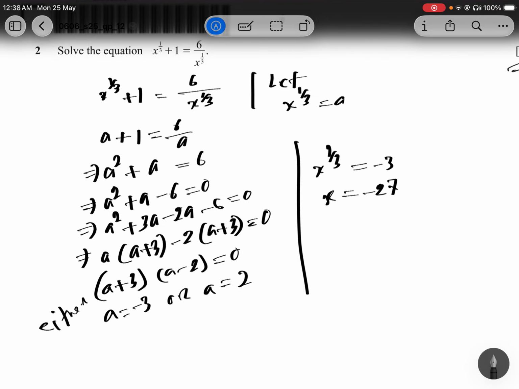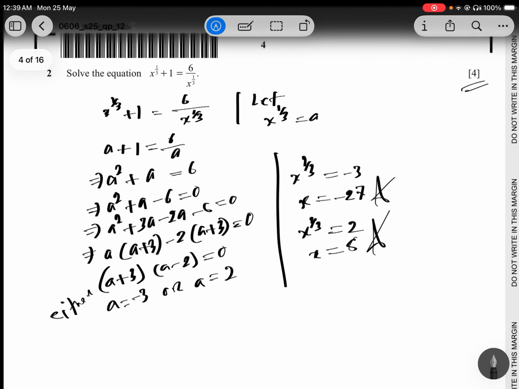So minus 2 gives minus 8, and the next one is 3, so x should be 27. Yeah, these two are the solutions of this equation. Let me check a little bit. What I did first thing first, I'm just revising. Yeah, it is correct, I guess.